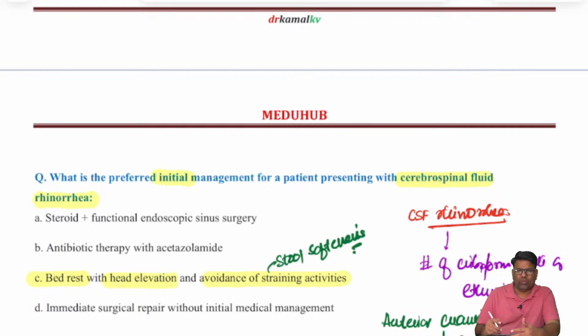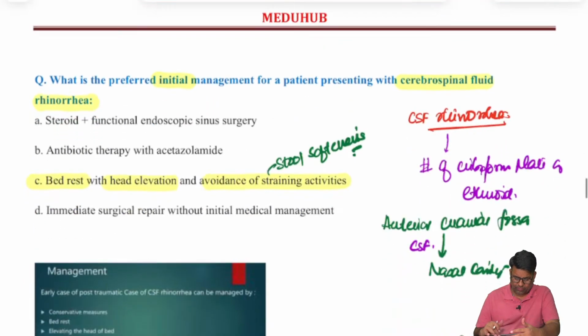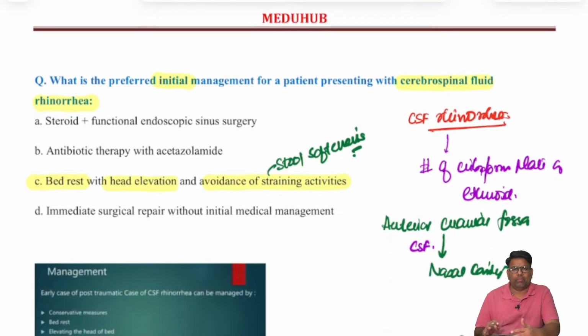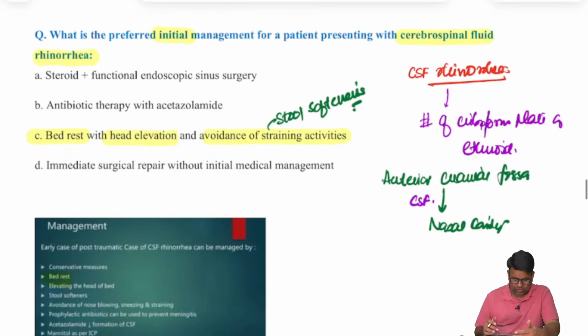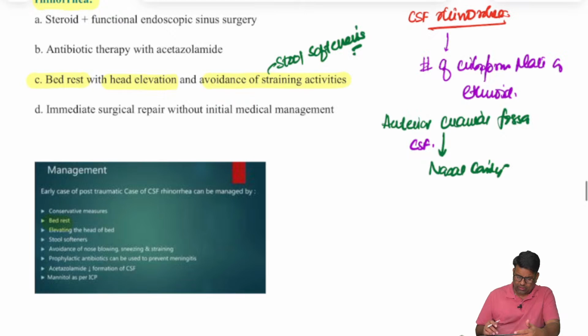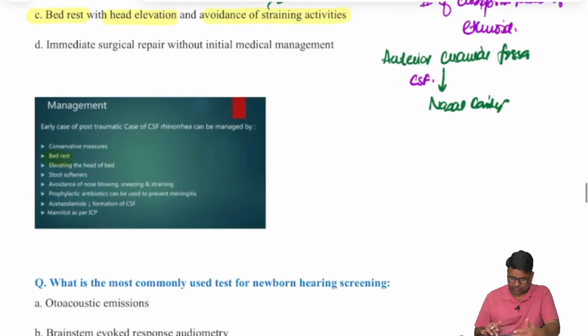So we just want to avoid any sort of exertion by the patient. So that is the usual approach in the early initial phase of CSF rhinorrhea. So bed rest, then elevation of the head, stool softeners, right? No straining should be done.